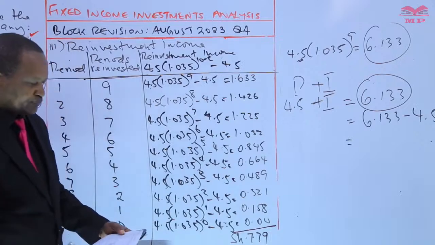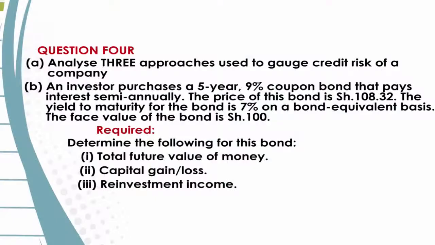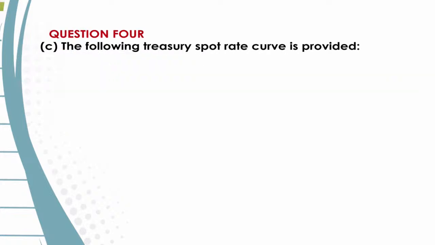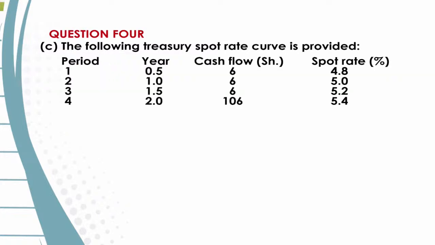Let's move on to, we are answering August 2023, question 4, that is fixed income investment analysis. Question 4C reads, the following treasury spot rate curve is provided. We have a column for period, year, cash flow, and spot rate. These are 4 periods.